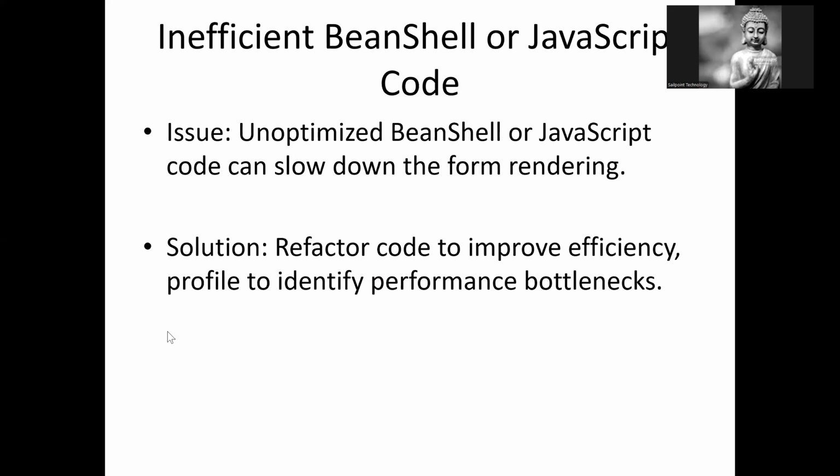Next one, unoptimized BeanShell. When you are doing SailPoint development, you are going to use BeanShell script for forms development. Unoptimized BeanShell script will also cause a problem. To avoid this, refactor the code to improve the efficiency and understand the code.